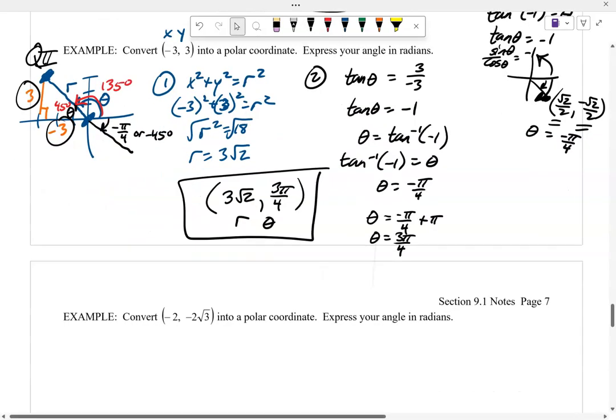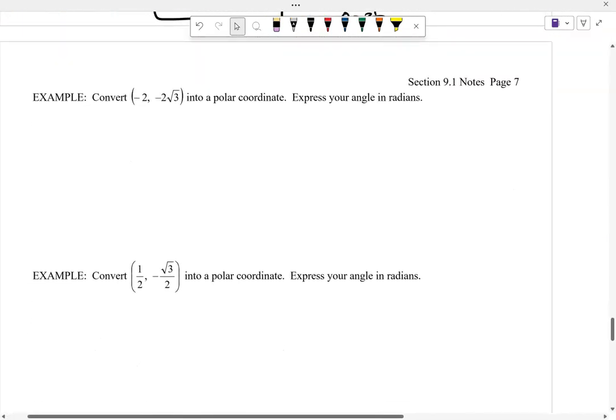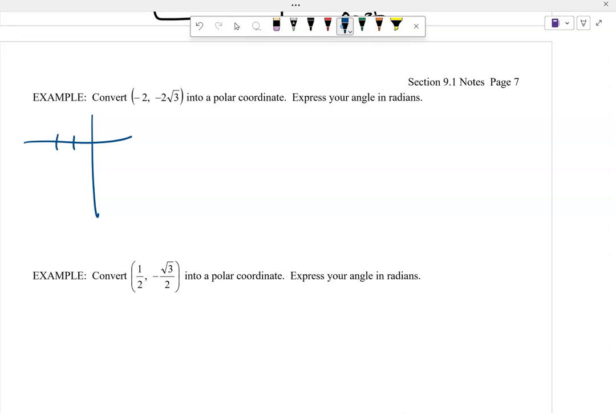Let's do another one here. This time we've got -2, -2 root 3. -2, and then down, oh, what's that? -2 root 3 is like -3 point something. So -2, -2 root 3.